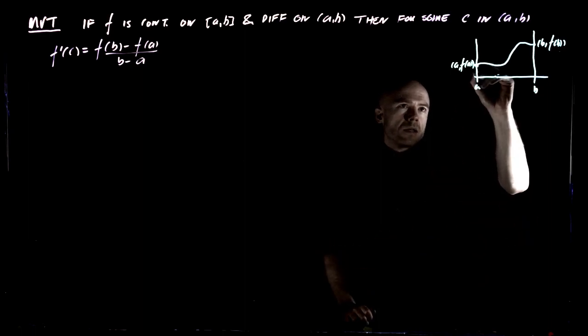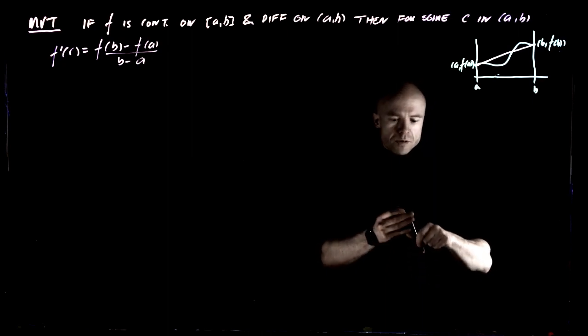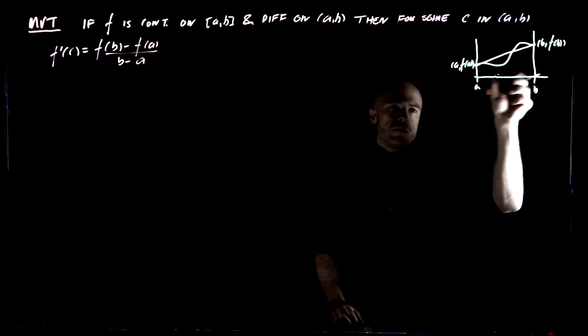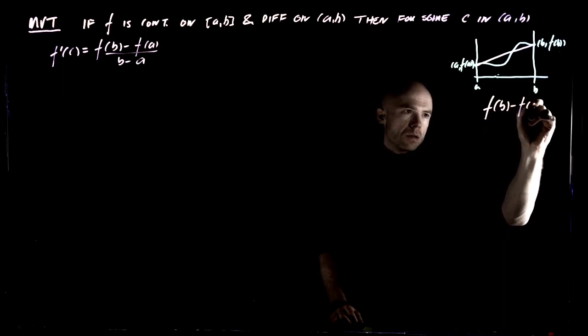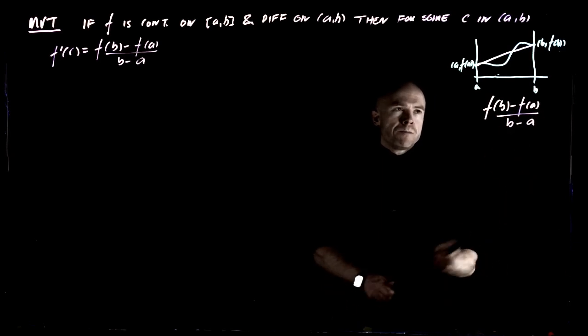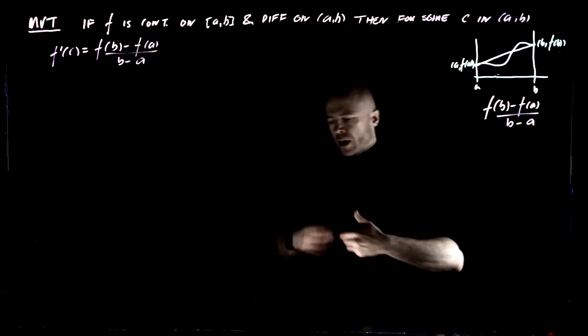A line segment like this. And the slope of this line segment, this secant line, will be given by how far up we go, divided by how far along. So it's going to be given by this quantity.